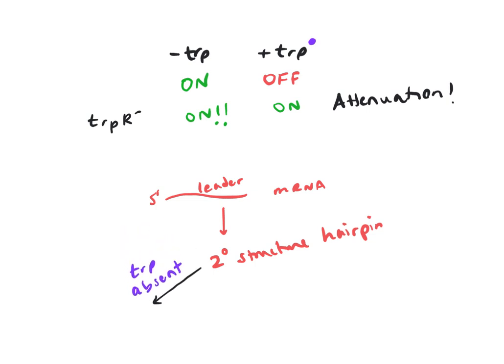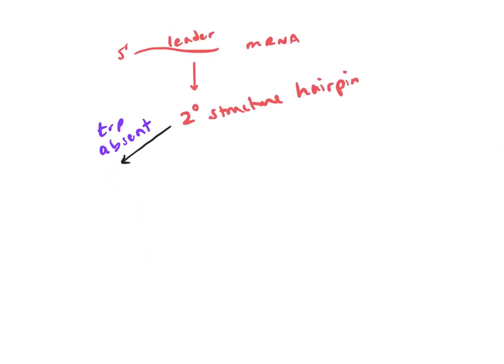If tryptophan is absent and this leader strand is being transcribed, the leader strand comes out, and there are a series of tryptophan codons. There are two tryptophan codons in a row here. A ribosome is going to hop onto this mRNA and try to translate a little bit of the sequence.